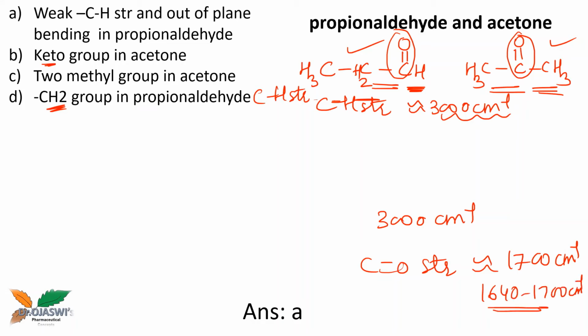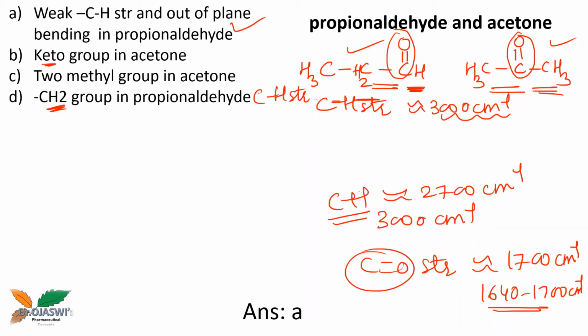That will also be there in both the structures. But this CH stretching of aldehyde, which is around 2700 centimeter inverse, will be there only in propionaldehyde. So option A is the correct answer.